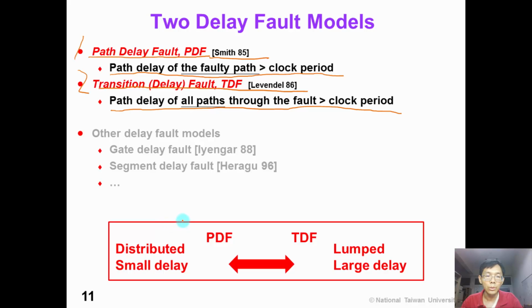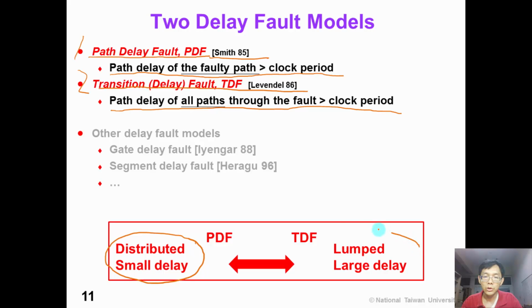In this table, we compare the difference between path delay fault and transition delay fault. The path delay fault model assumes that the fault can be distributed along the faulty path, and it considers small delay faults.